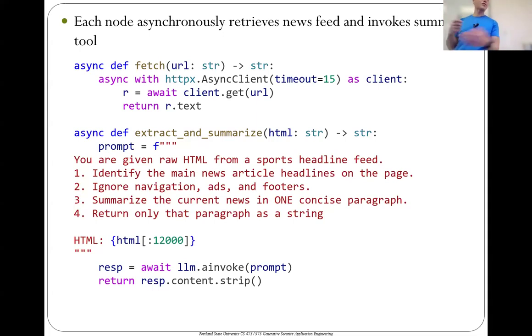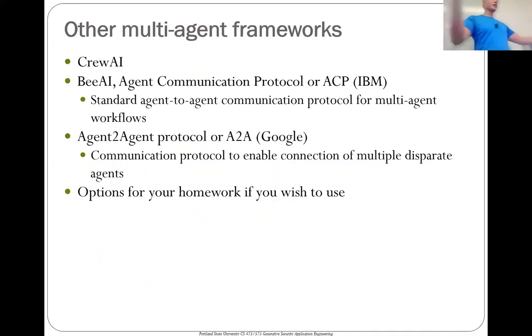I should say there are a ton of other multi-agent frameworks. I focused on LangChain and LangGraph because that's what I started with. But there's CrewAI, the IBM one, Google's Agent-to-Agent. If you want to explore these other frameworks, I thought LangChain was going to be a winner, but if you don't agree, go find the thing that you think is going to be a winner, and if I actually believe you, maybe I'll switch over.